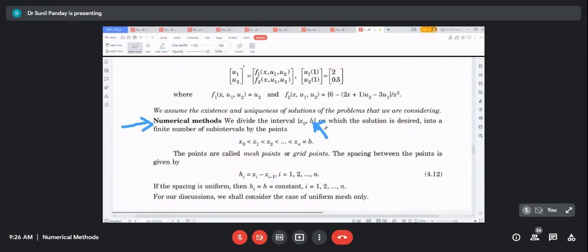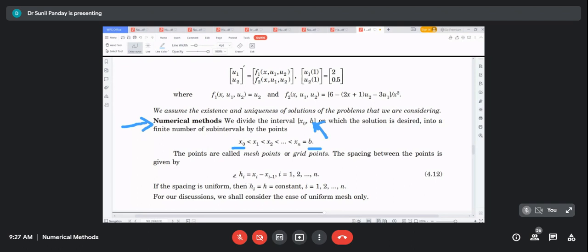To find the value of y at the new point b, you have to solve this differential equation. Because we are doing it numerically, we consider the interval from x naught to b and divide the interval into n subintervals, equally spaced.